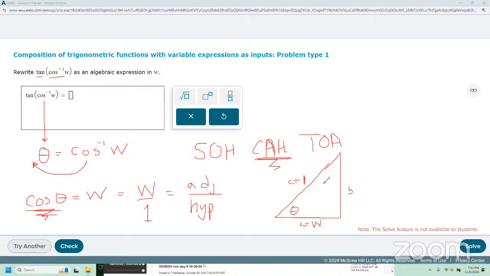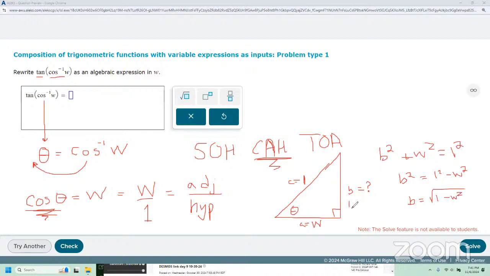Now I need to know what B is. This is a right triangle, so you can use the Pythagorean theorem. You can say B squared plus W squared equals 1 squared. Or you could say B squared is equal to 1 squared minus W squared. Or you can say B equals the square root of 1 minus W squared.